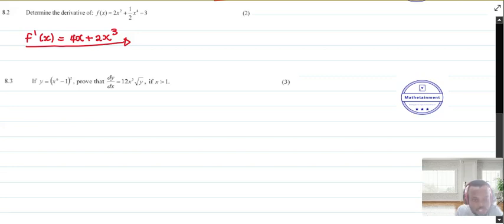So since we know that y is this one, meaning the square root of y will be equal to the square root of (x to the power of 6 minus 1) all squared. So the square root and the square will cancel, so the square root of y becomes x to the power of 6 minus 1.